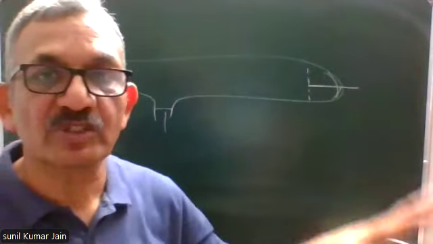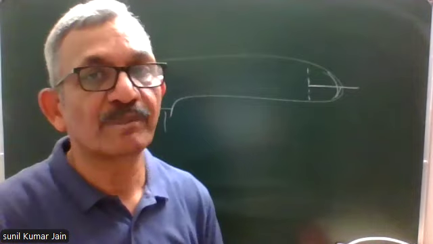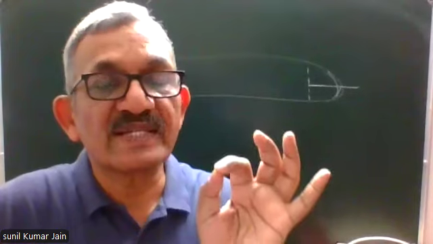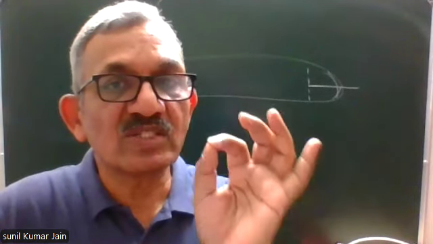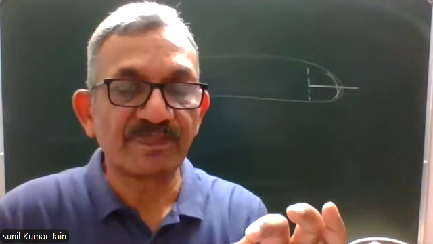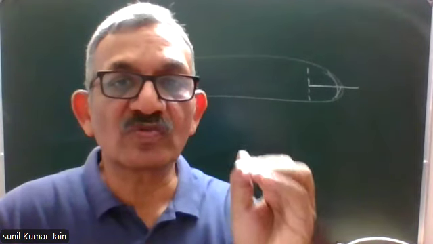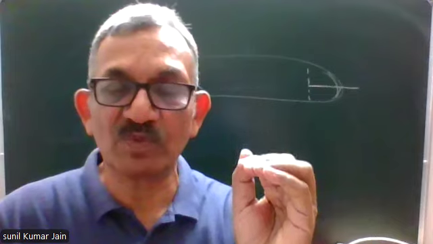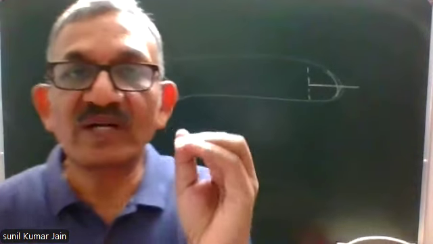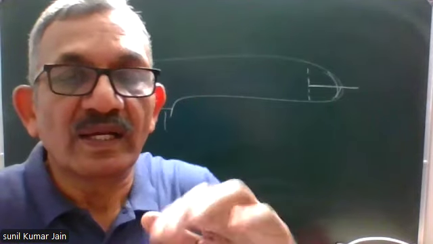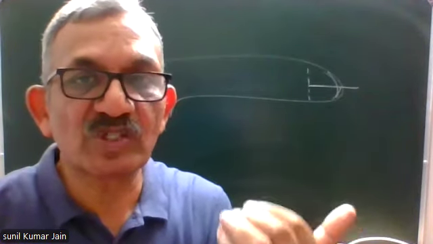Same experiment, production of cathode rays is carried out. If you remember, one of the properties of cathode rays, I told you, is that cathode rays cause ionization of the gas. Ionization means removal of one or more electrons from gaseous atoms or gaseous molecules. When one or more electrons are removed, the leftover part will be positively charged.